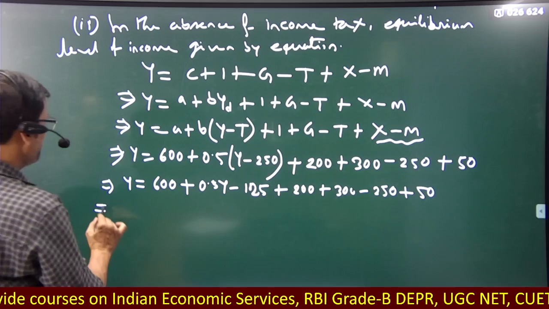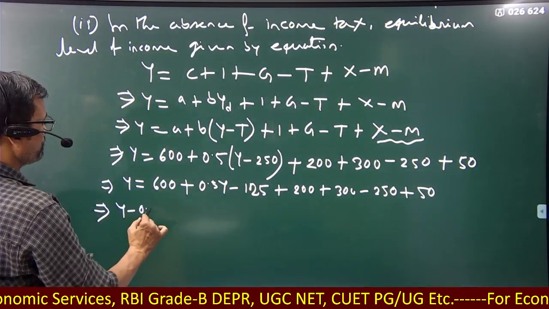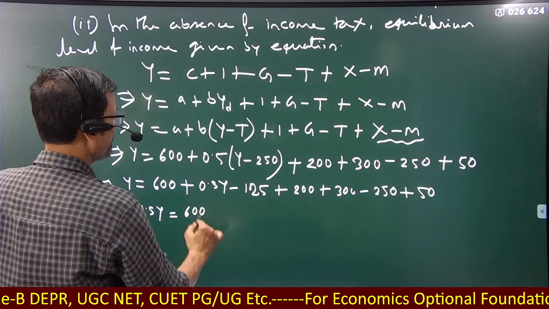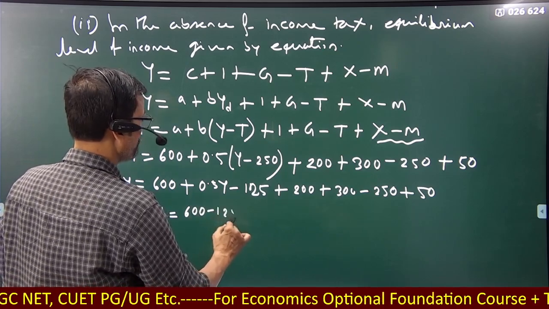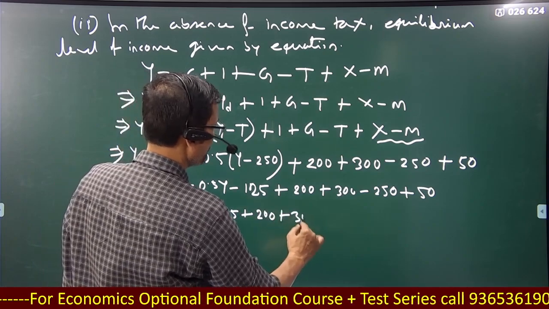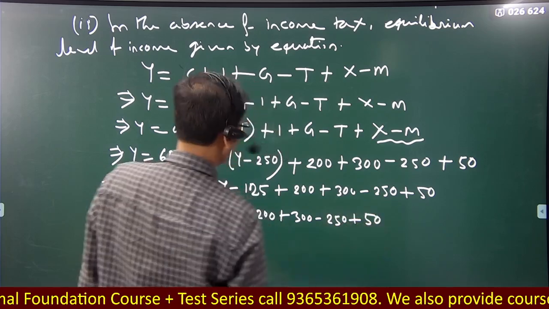Now you see this 0.5Y, that is Y minus 0.5Y. Here 600 minus 125 plus 200 plus 300 minus 250 plus 50.